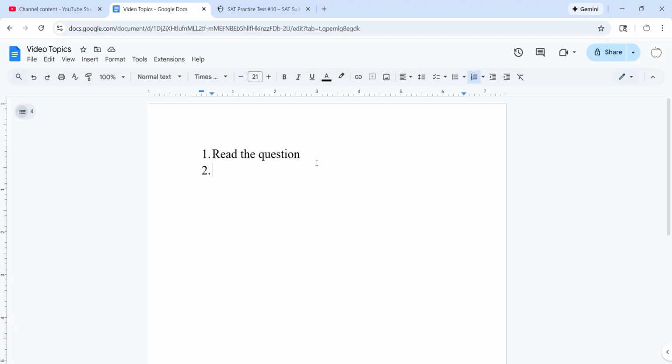So let's say we read the question. The question says, which piece of evidence best supports the author's claim? Well, I don't know what's going on, but I know, hey, this is a reading comprehension problem, and it's going to be one of these specific types of problems where there's a text, there's probably some data, some research, some analysis, some conclusion, and there's going to be a claim, a hypothesis, something like that.